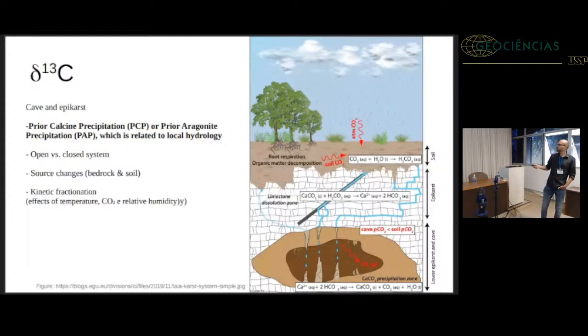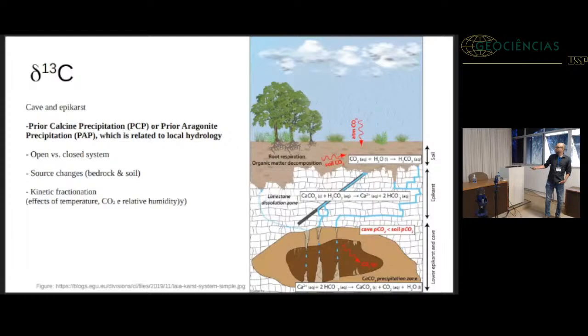But when this happens, what do you need to precipitate more calcite before the stalagmite? If you look at the equation here, when you precipitate these speleothems, you need to remove CO2, you need to remove water from the solution. So you are removing water in the fractures here, removing CO2, if you have degassing of CO2 in this fracture, you are precipitating speleothems in these fractures.